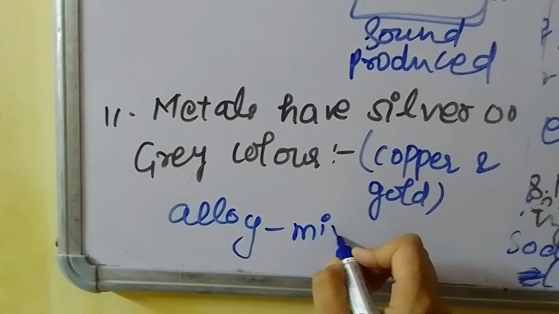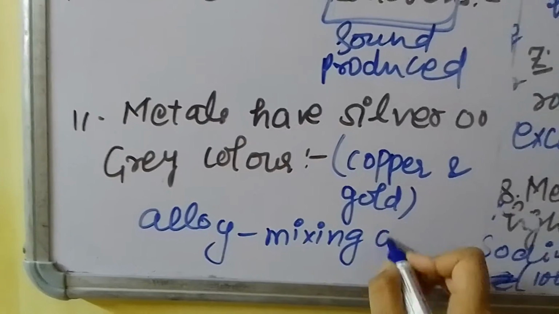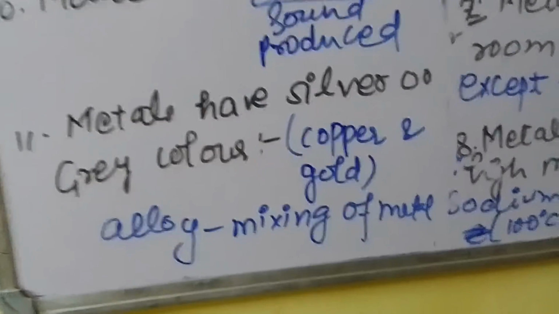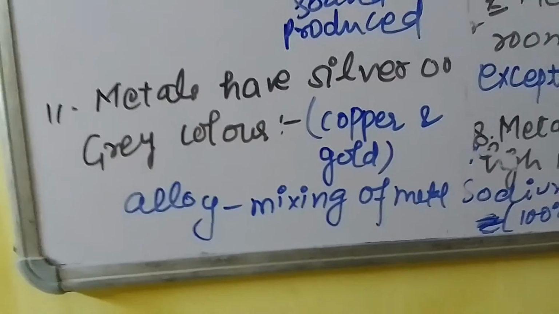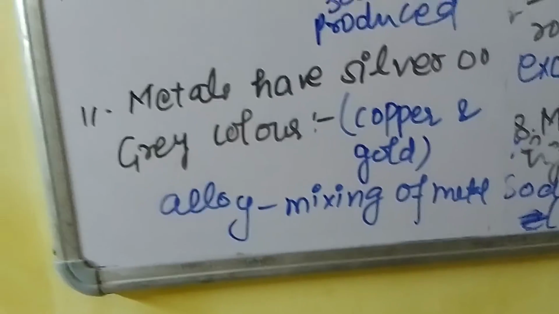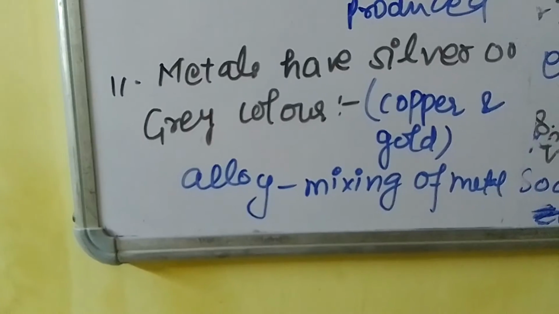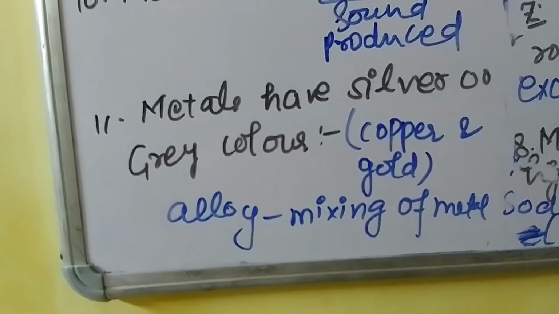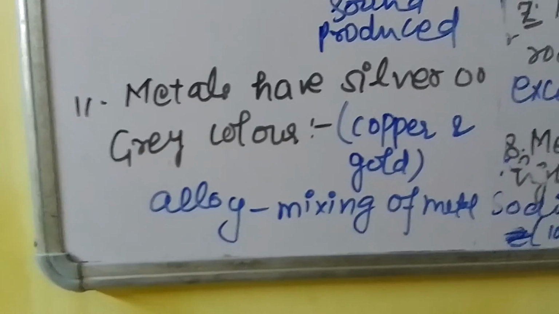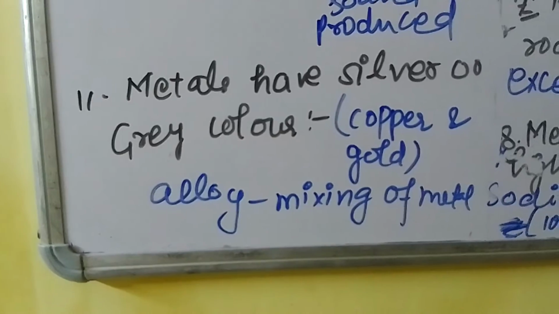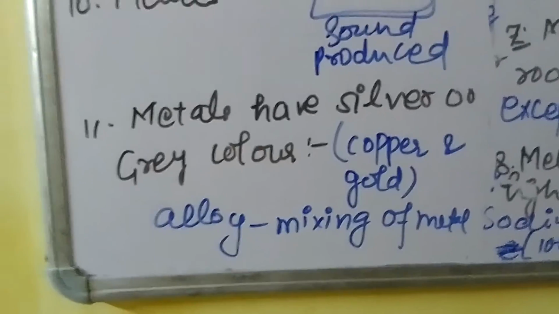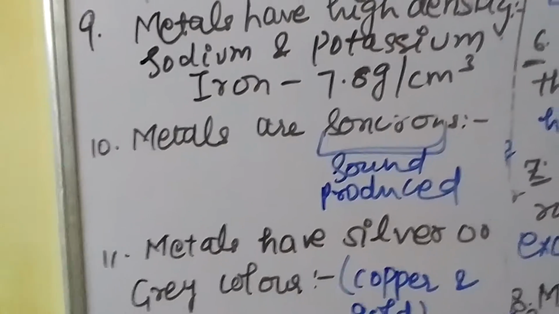An alloy is a mixing of metals, or of metal and non-metal. It is made up of two metals, or of metal and non-metal. So it is known as an alloy. For example, brass is an alloy because it is made up of copper and another metal.